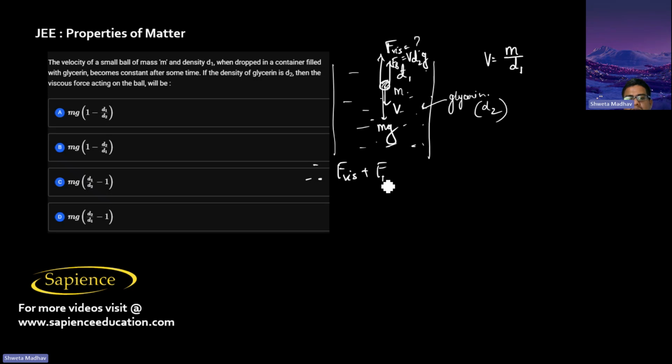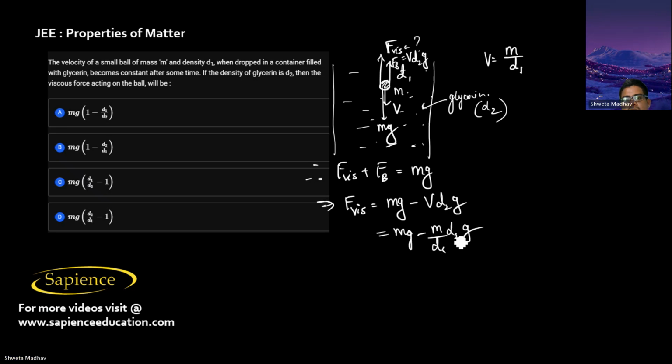So viscous force plus the buoyancy force equals mg, which is the weight. So viscous force equals mg minus Fb, that is mg minus m by d1 into d2 into g. Taking mg as common, the viscous force is mg into (1 minus d2 by d1). So option B is the correct answer.